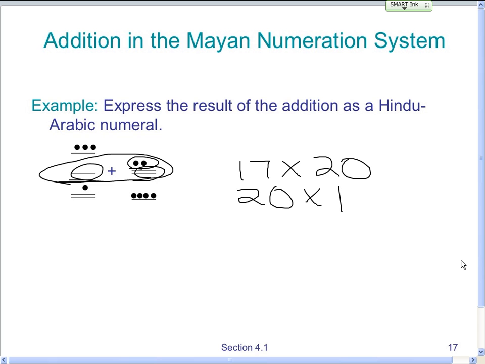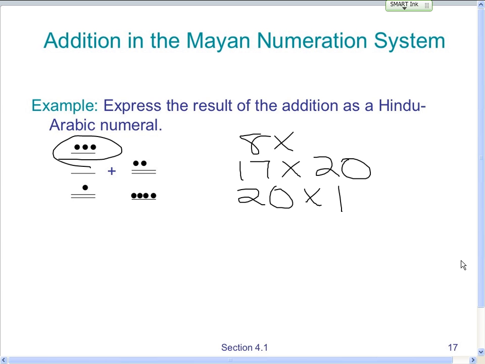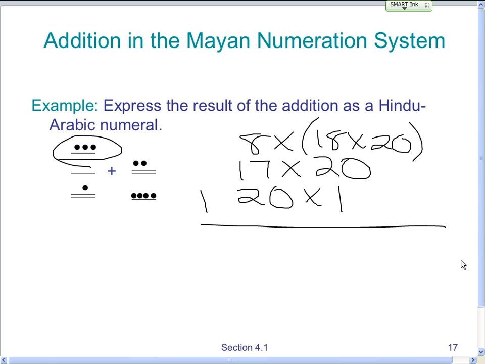And finally, we have this place, which is 8. We've got 8 times, remember the next one doesn't do 20 squared, it does 18 times 20. If we had another one, we would do 18 times 20 squared, etc. And we're going to add these up.